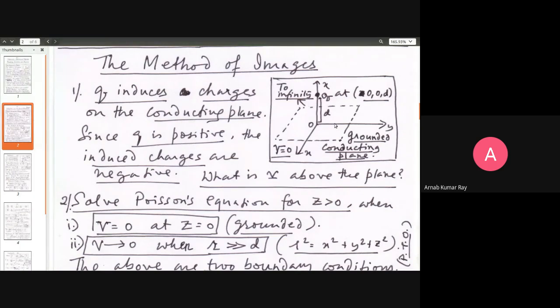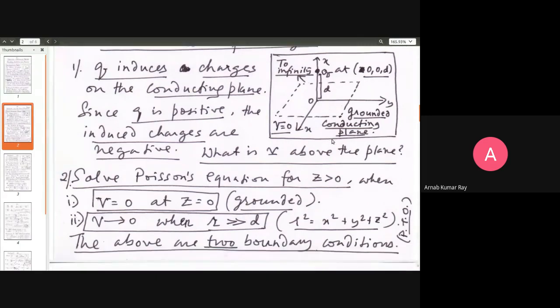Overall, the plane is still charge neutral. It's just that the positive charges have been driven far out and the negative charges have been gathered towards the center. But the sum total of all the positive and negative charges in the plane is still the same, whatever it is. But locally, the induction of the negative charges will give rise to some additional effect in the potential.